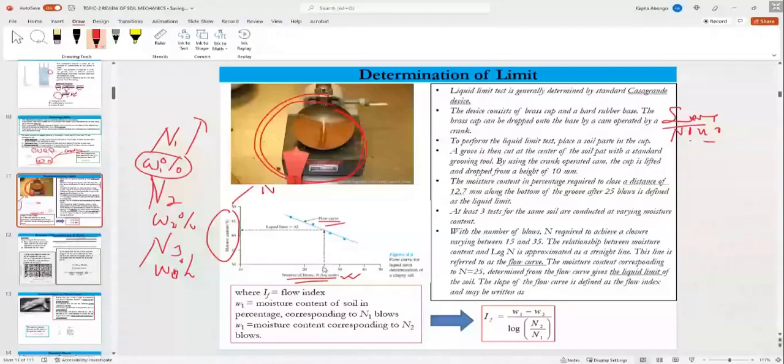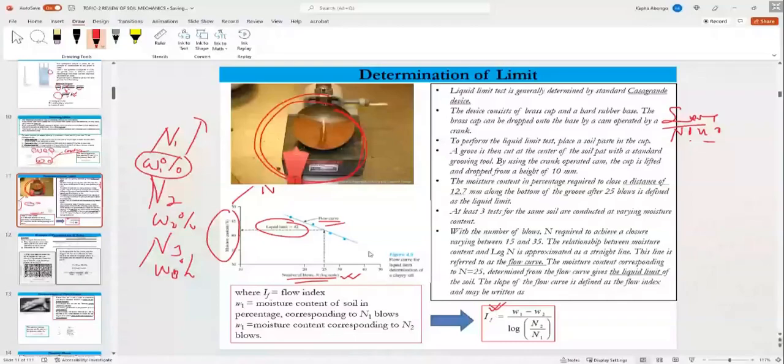The water content at 25 blows is the liquid limit of that soil. So this line defines the flow curve. The slope of this line is known as the flow index.